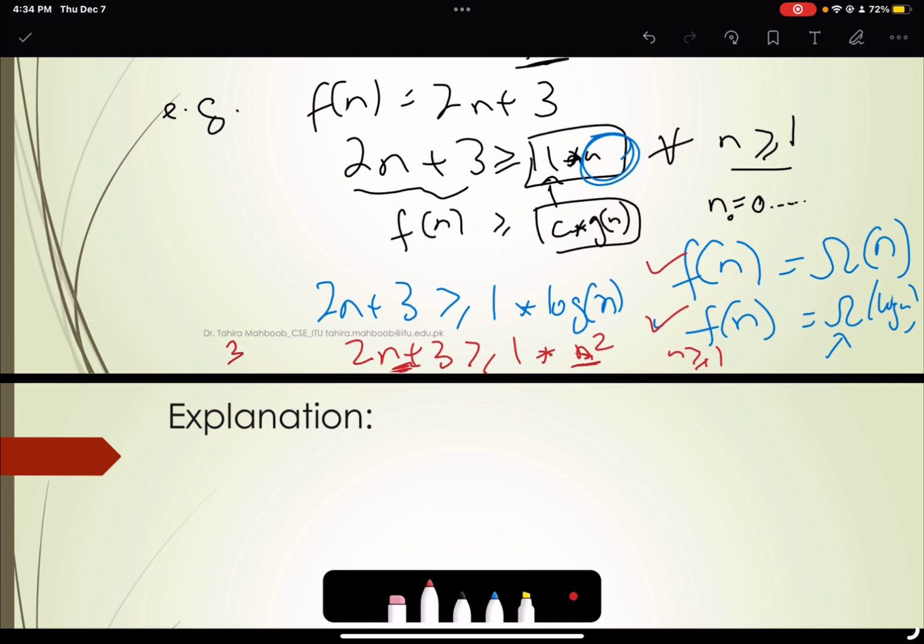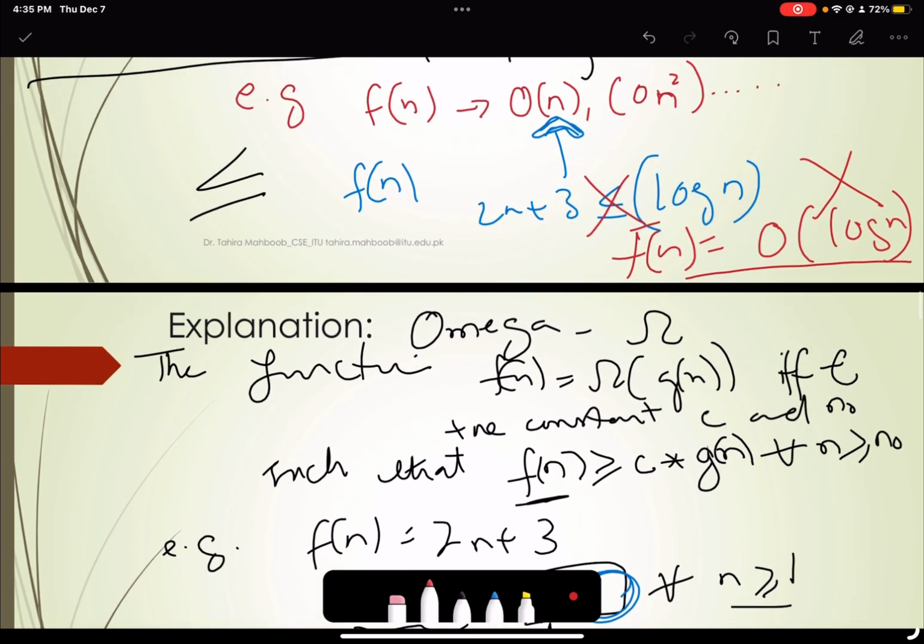So what about 3? If we put in 3, 6 plus 3 is 9, and here we have 9, so it does not hold true. So f of n being omega of n squared does not hold true for all values of n greater than 1.